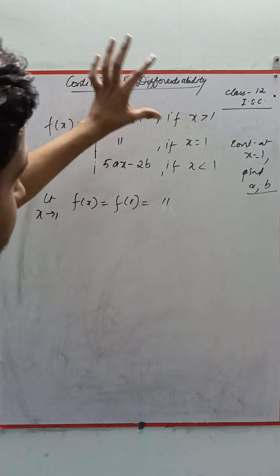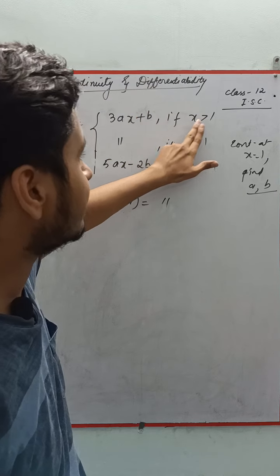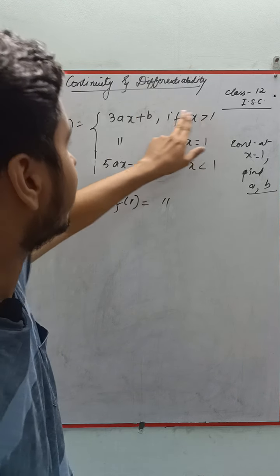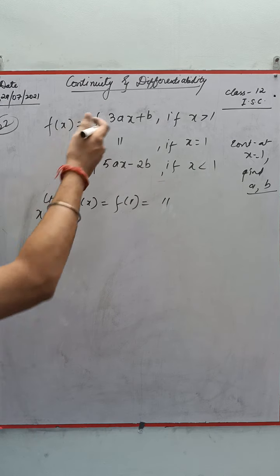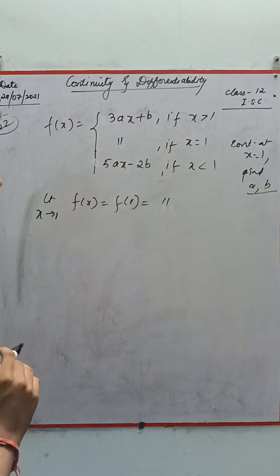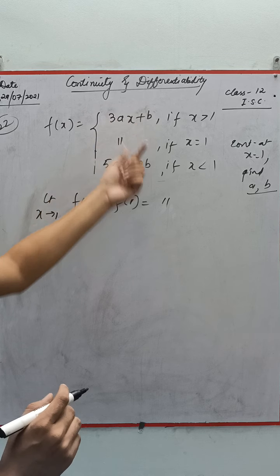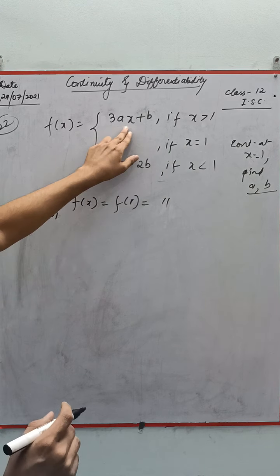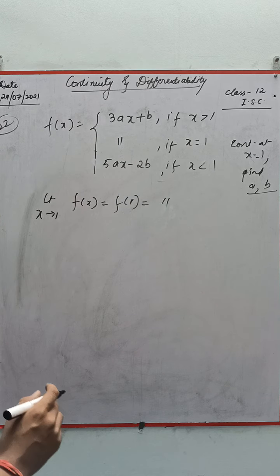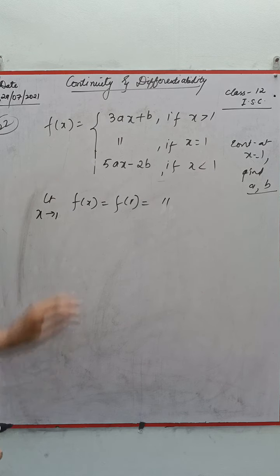So it is very easy to find from these two. x is greater than 1 means for sure it is RHL and this is LHL. So for RHL, I'm equalizing this with 11, because at last we'll get the same only. Or else you just solve.